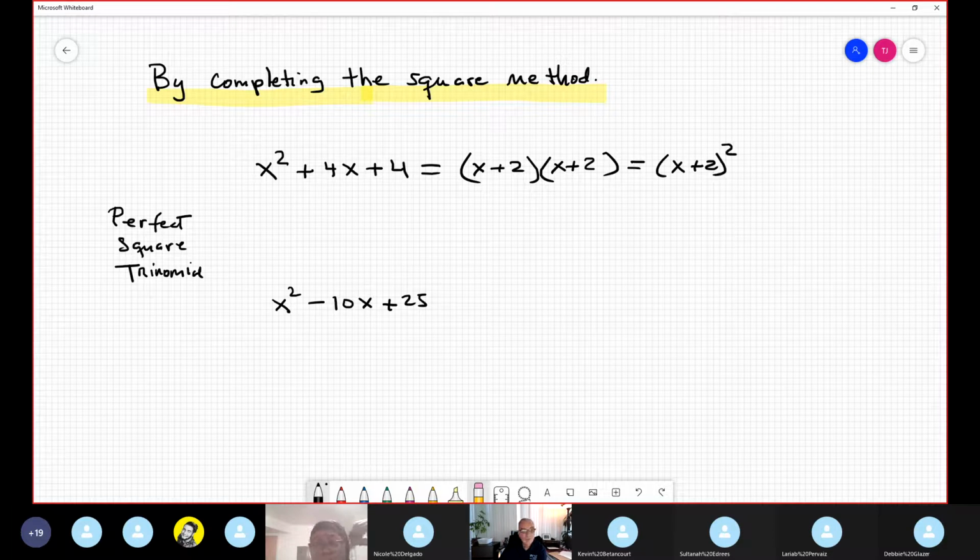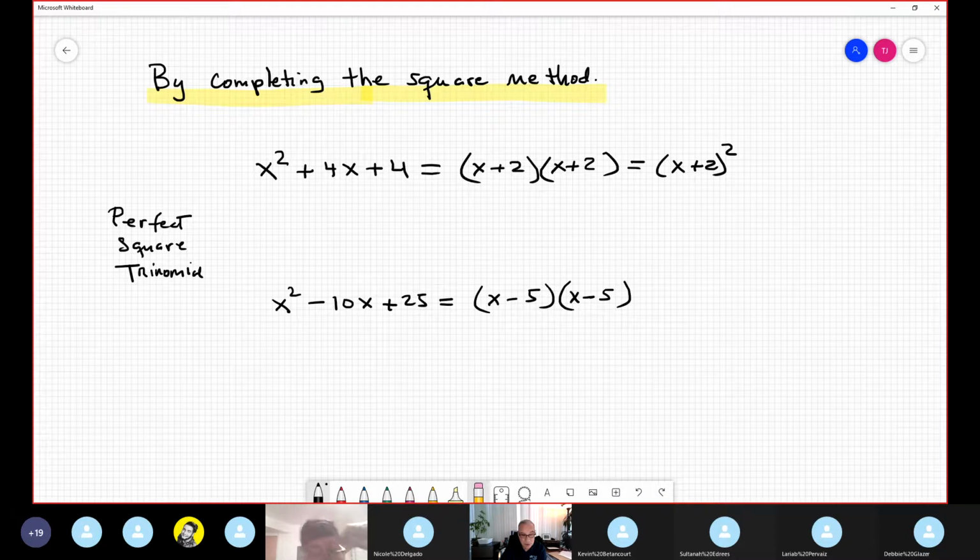Okay? Look at the second example. Well, open two parentheses, x, and this is 5, 5, because 5 times 5 is 25 and 5 plus 5 is 10. And in this case, the sign is negative, because this sign controls the sign of the factorization.